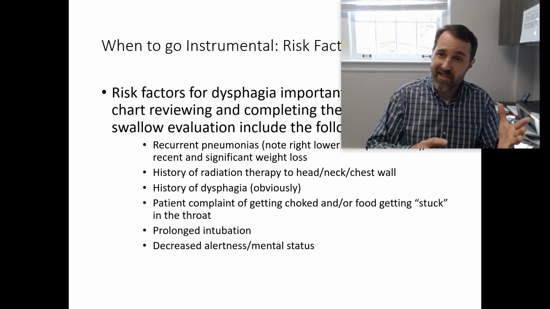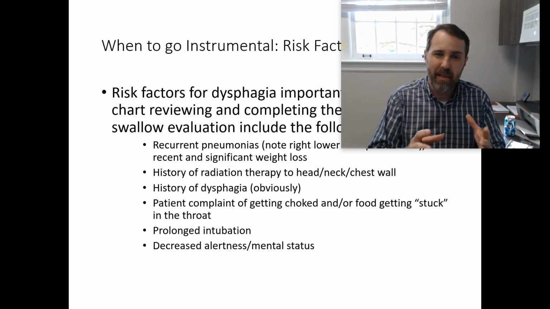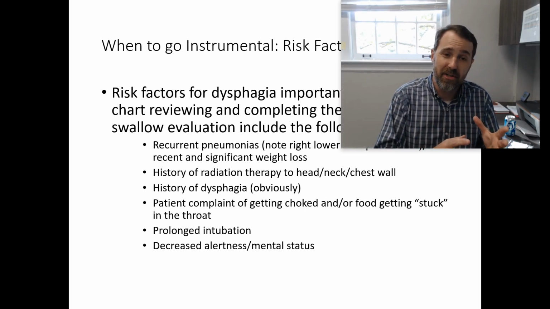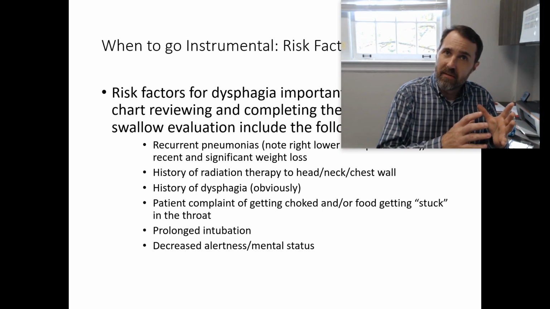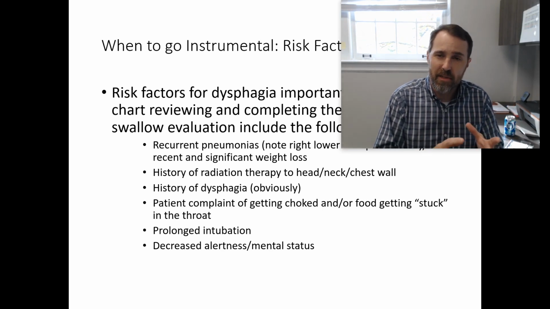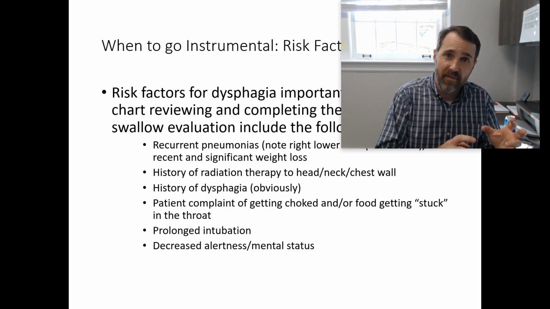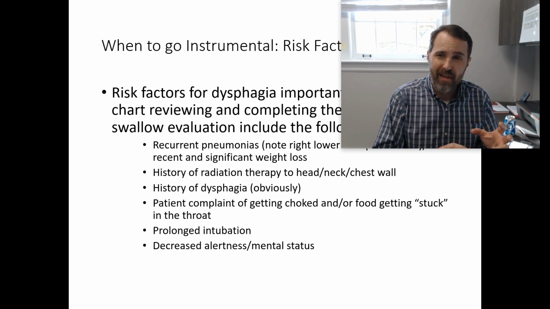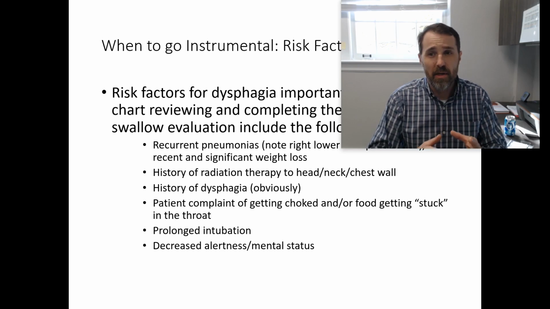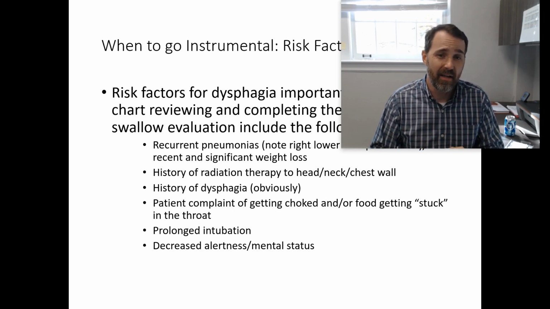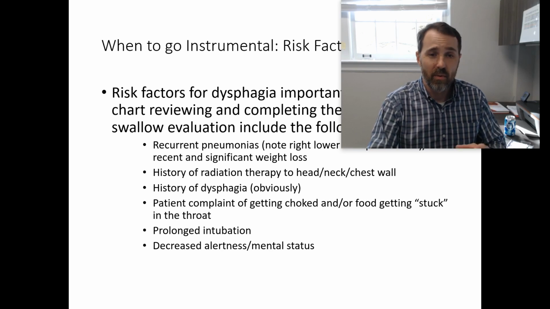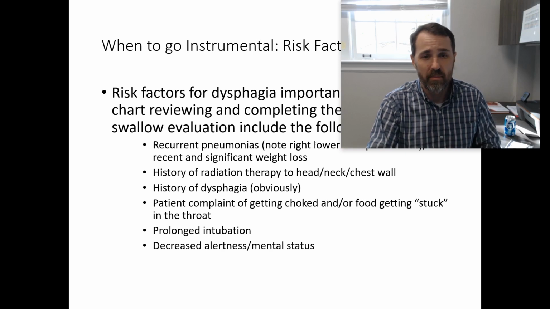Because once again, there's a much better chance of aspiration and penetration being present in someone with a history of dysphagia, and therefore a much better chance of the presence of silent aspiration. So you would look at them at bedside, but then you would still refer them to the instrumental assessment.